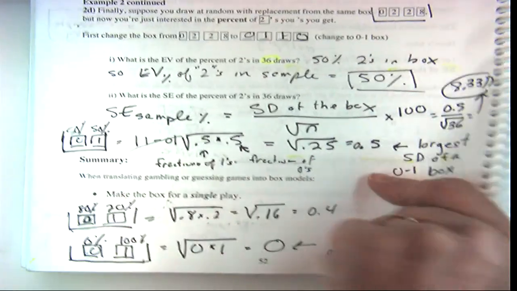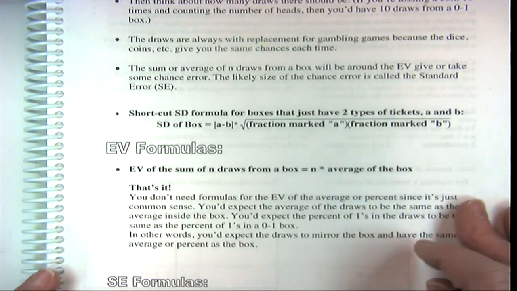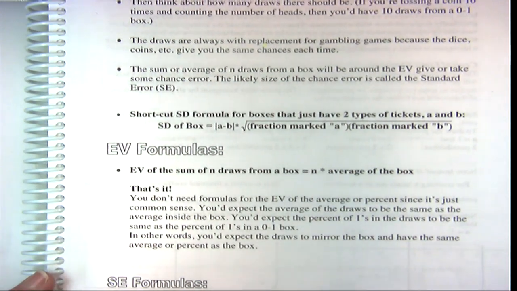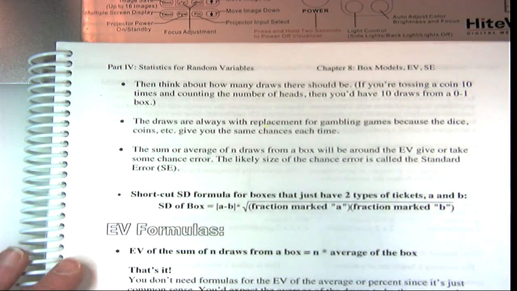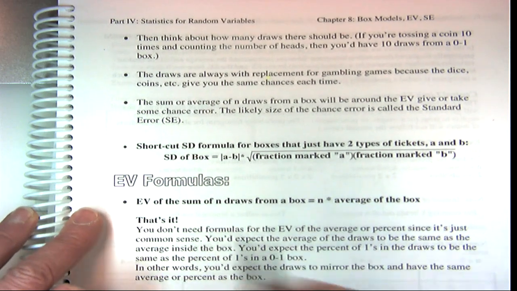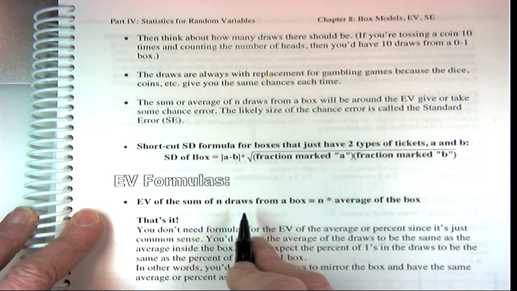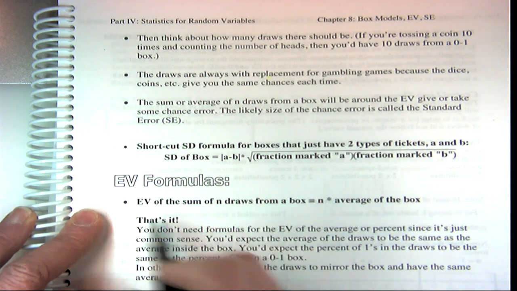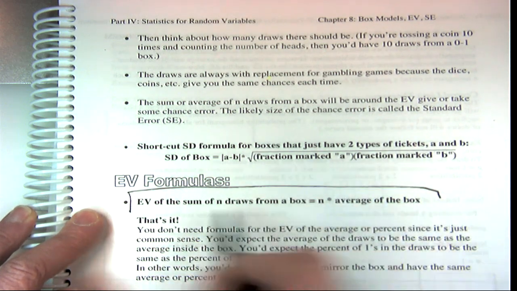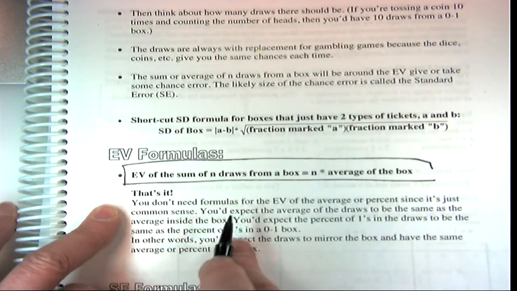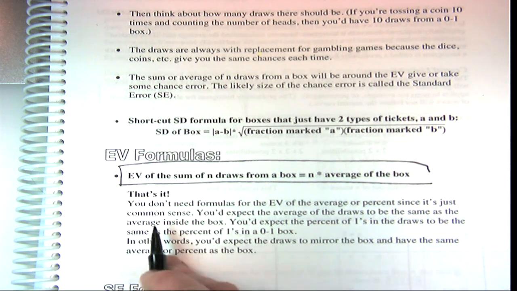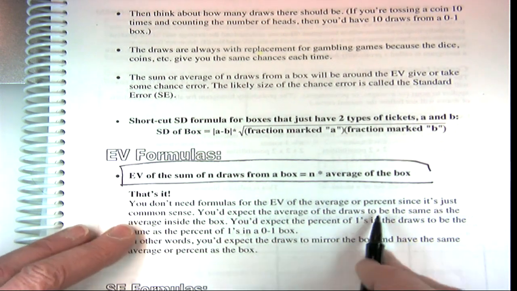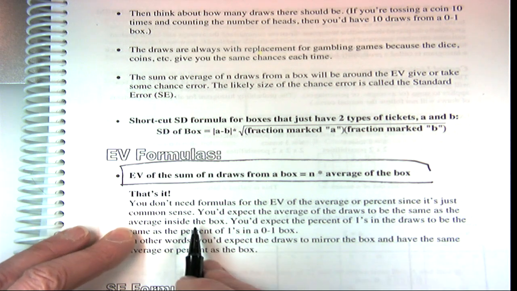Okay? So now, let's think what else we need to know. So basically, for these expected value formulas, there is none except for the expected value of the sum. So this is the only one that you need to remember. That's it. You don't need formulas for the expected value of the average or the percent because it's just common sense. You'd expect the average of the draws to be the same as the average inside the box.